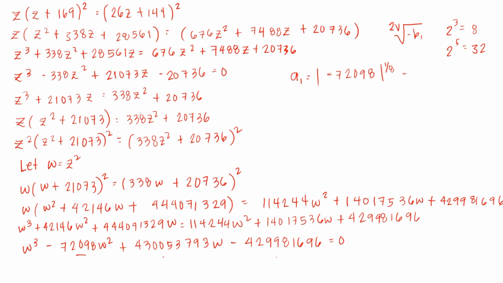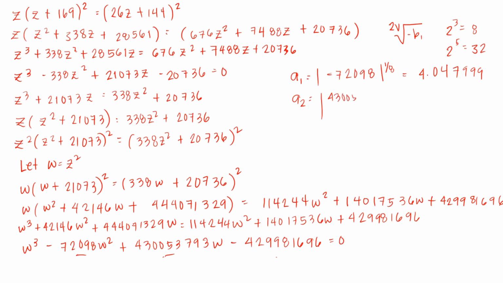Okay? So, a sub 1. So, 8th root of negative 72,098. That is equal to 4.047999. Our a sub 2, that would be b sub 2 over b sub 1.